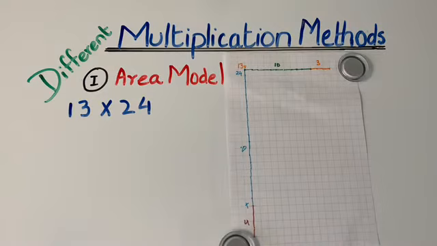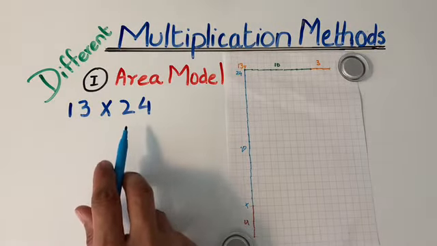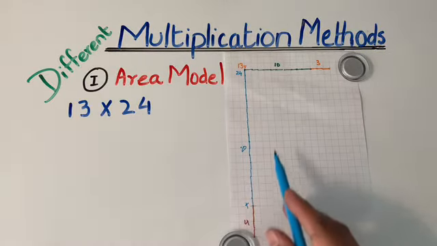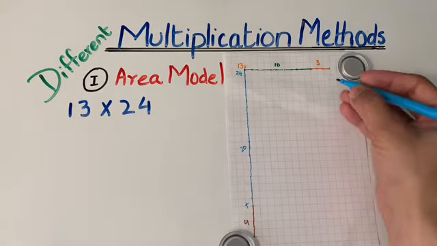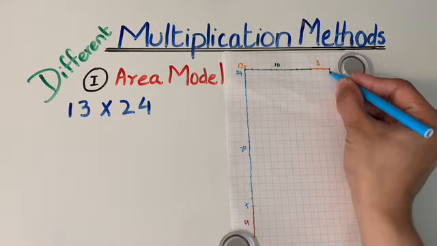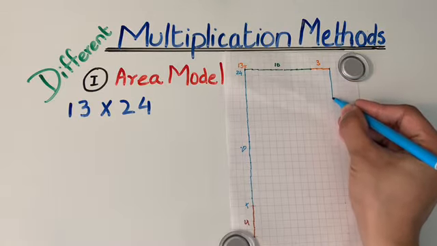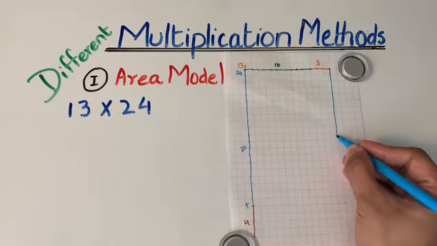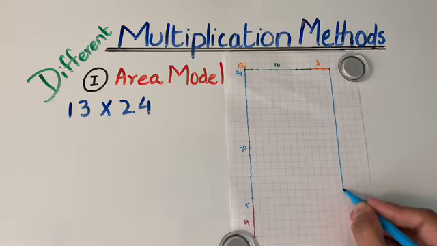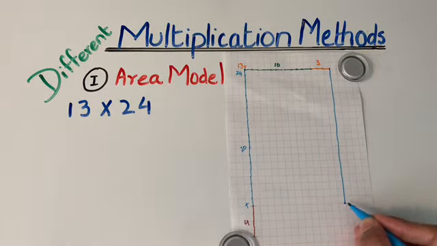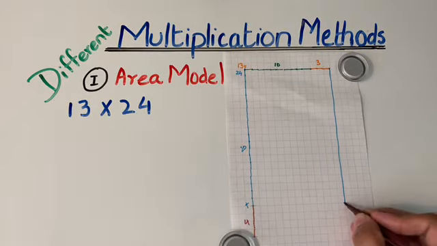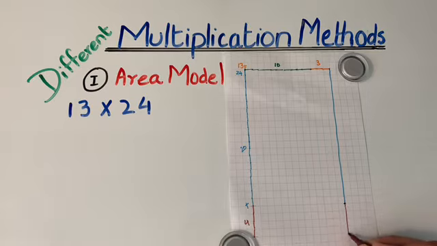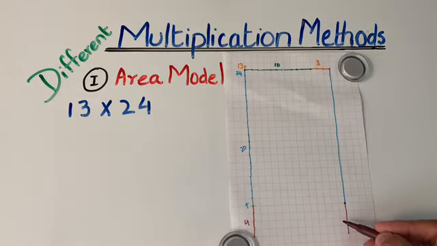Now, if we look at the total number, the product of 13 times 24 gives you the area of a 13 by 24 rectangle. Now let's bring a line down, and then the height of my rectangle will be 24. So this part shows 20, and this part shows 4. So the height of my rectangle is 24.